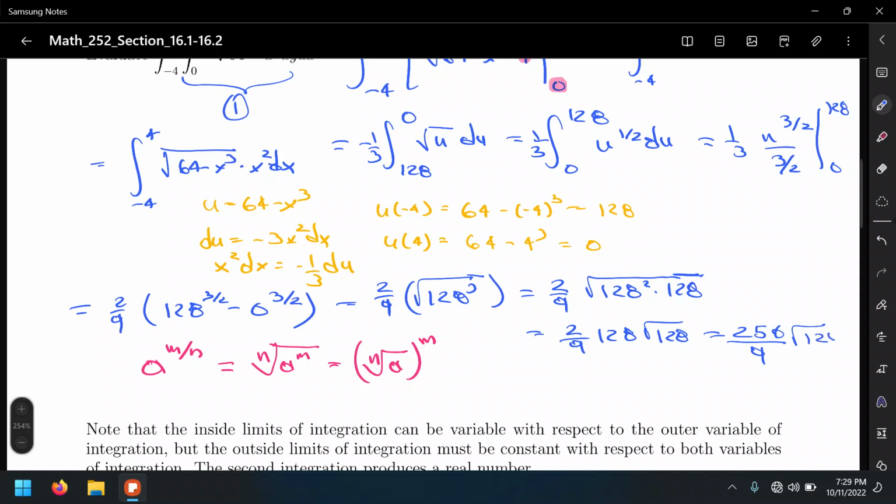But I think we can further simplify the square root of 128, because that's 64 times 2, right? So 64 times 2, and that's 8, so 256 times 8.